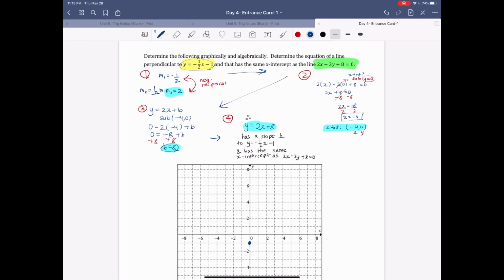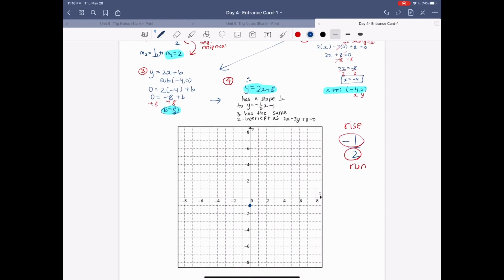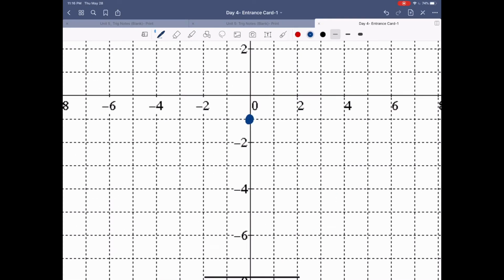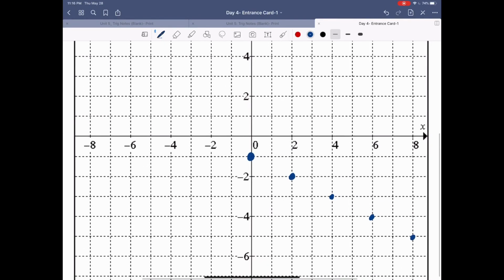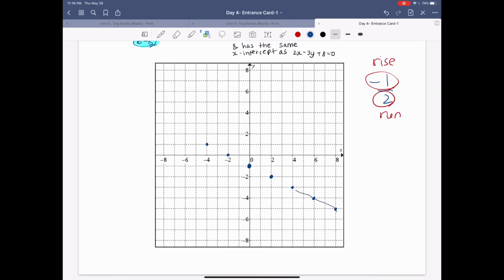The slope is -1/2, that means that's the rise, and that's the run, which means I have to go down 1 and right 2. So go down 1, right 2, go down 1, right 2. I'm going to continue that to the left. So it's like up 1, left 2, up 1, left 2. So you can tell I'm making this straight line.